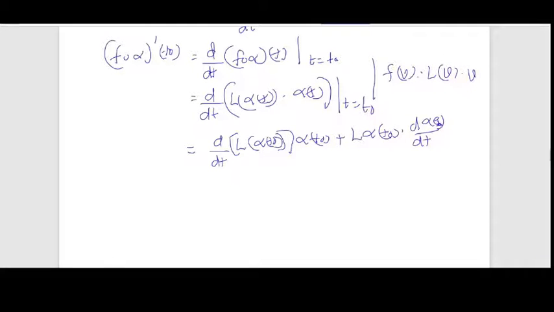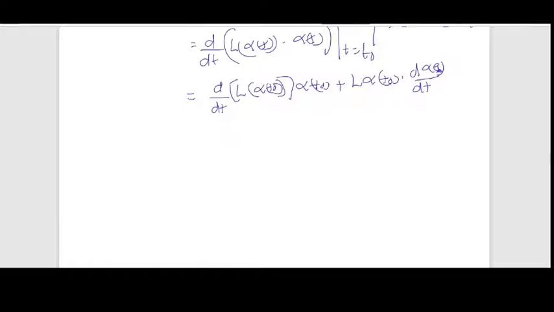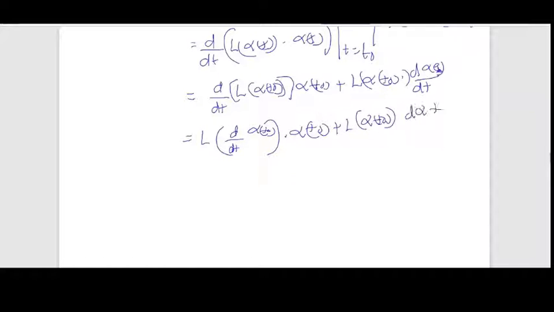So that is equal to L of d by dt of alpha of t naught dot alpha of t naught, plus L of alpha of t naught dot d alpha t naught by dt.